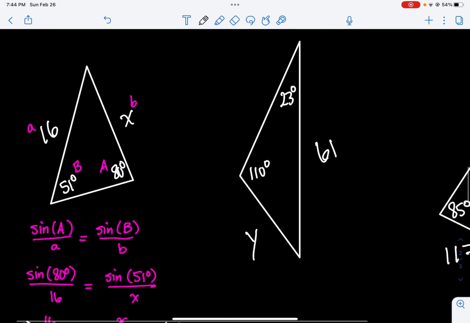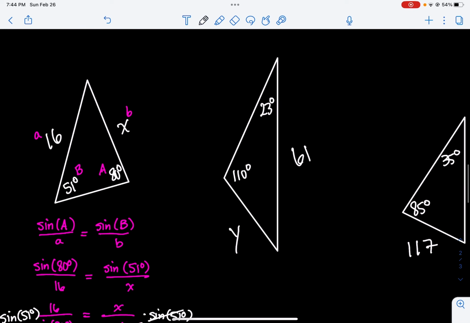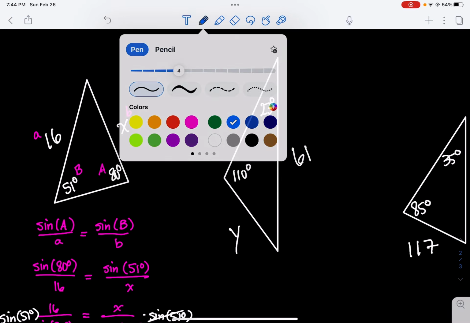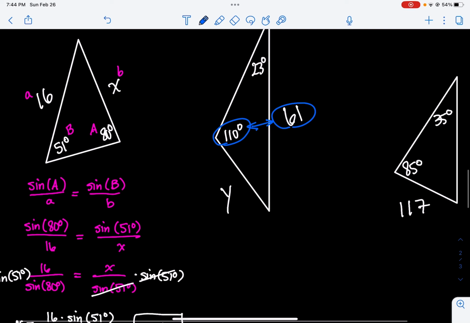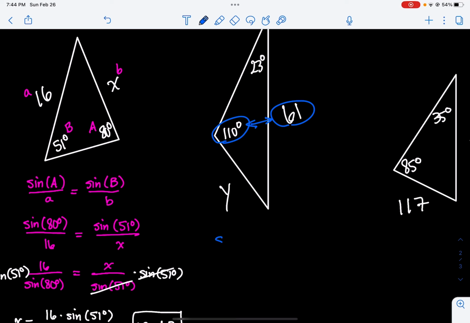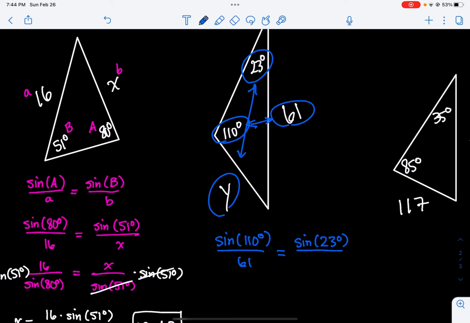All right, let's try another one. Over here, we have this angle paired with this side. So that tells us that sine of 110 over 61 should be equal to this angle paired with this side, so sine of 23 over y.